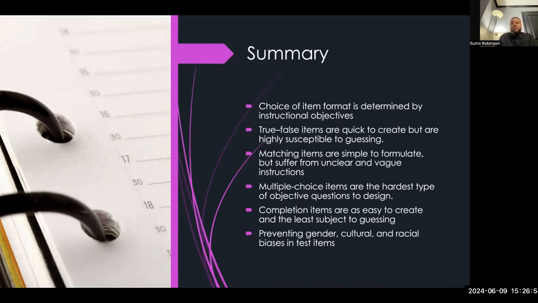And we talked about the completion items are easy to create and also less subject to guessing. In creating these test items, we want to prevent gender, cultural, and racial bias in test items by refraining from stereotypes and also making sure we have gender representation and also ethnic group representation equally.